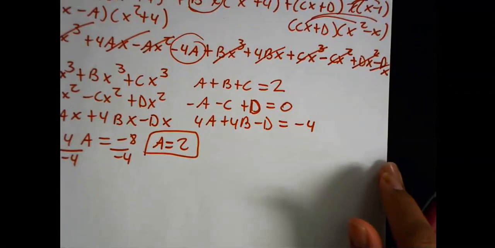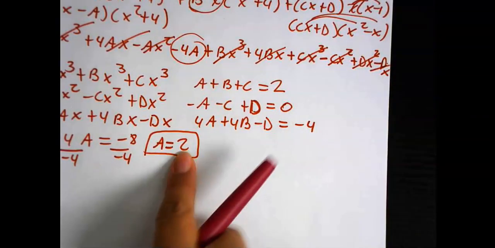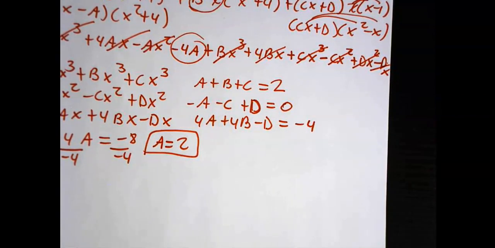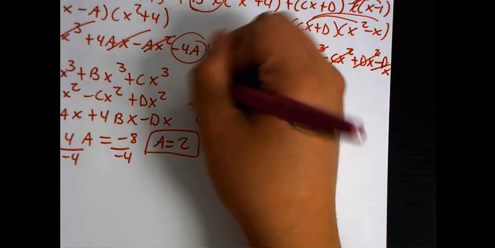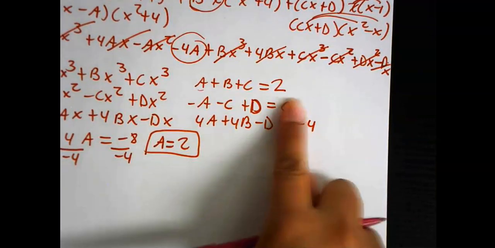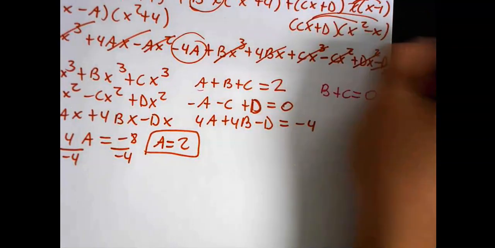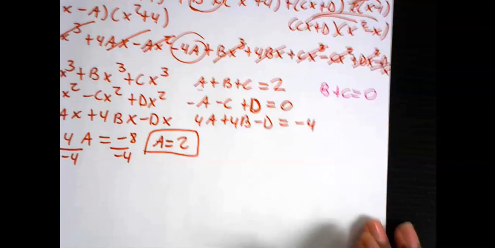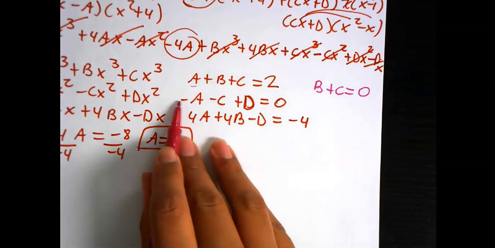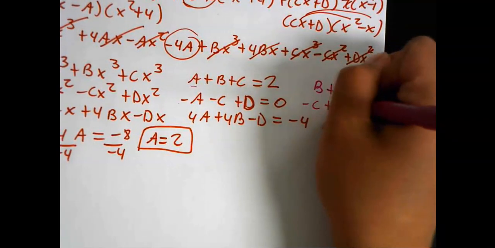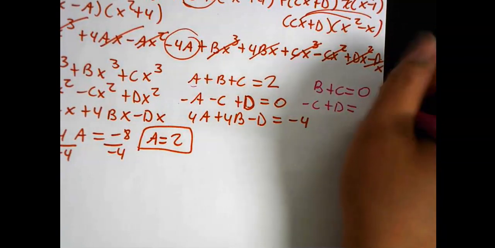So now, I'm going to go to this one, and I'm going to plug in 2. And I'm going to get a new equation, okay? So here, if I plug in 2 for A and subtract 2, I'm going to get B plus C equals 0, okay? When I plug in 2 here, I'm going to get negative 2. When I add it, I'm going to get negative C plus D equals 2.